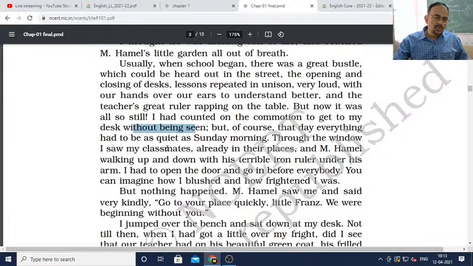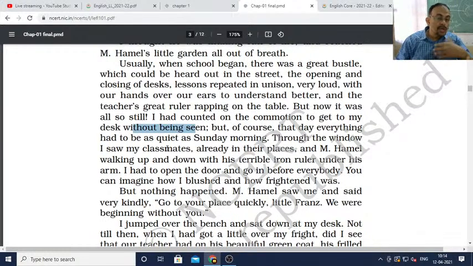So, dear students, you see, the narrator, that is Franz, says that usually when the school began, there was a lot of noise in the school, which could be even heard from the street. The opening and closing of desks by students, lessons were being repeated in unison. Unison means in chorus.